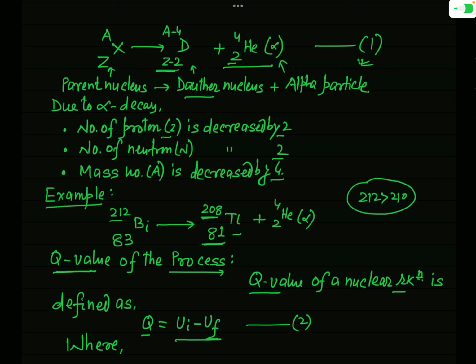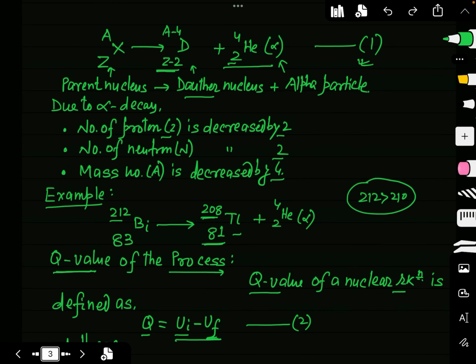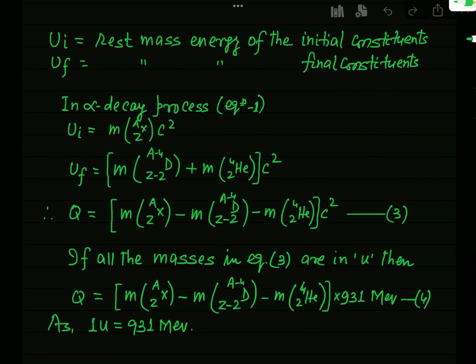Or in other words, Ui is the total rest mass energy of the initial constituents, and Uf is the total rest mass energy of the final constituents. I have mentioned it here.